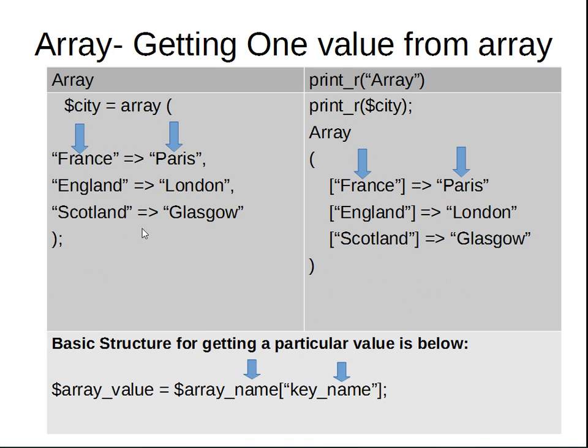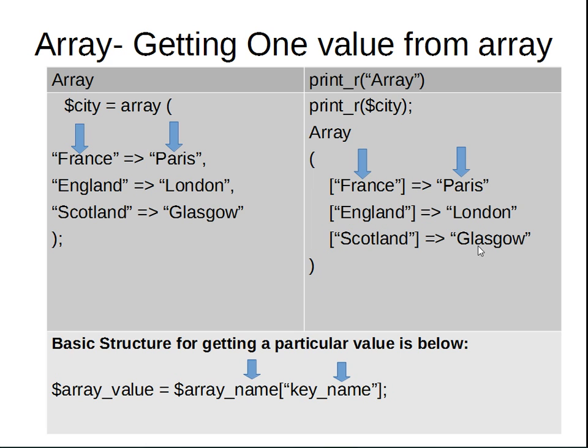Our array name here is city. So if we use the array name city, and key name France, it's going to give us the value Paris. If we change our key name to England, it's going to give us London. If we change our key name to Scotland, it should give us Glasgow.